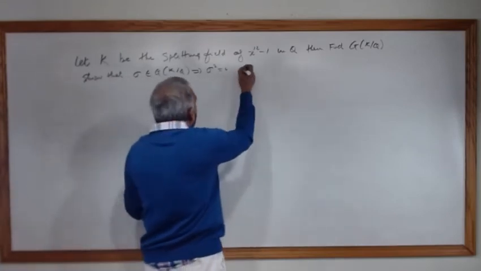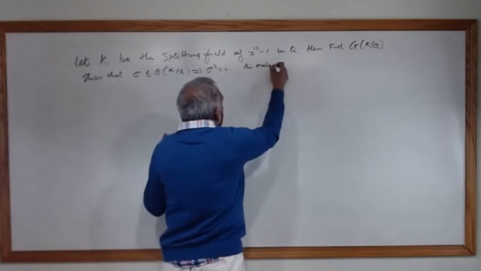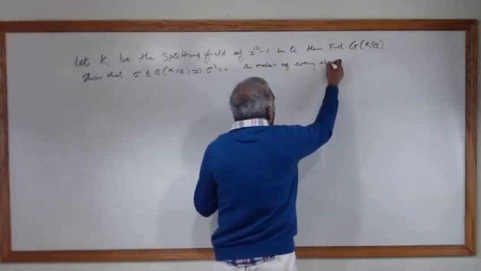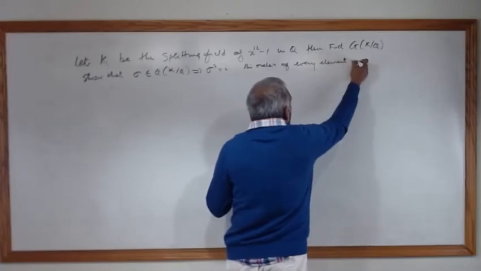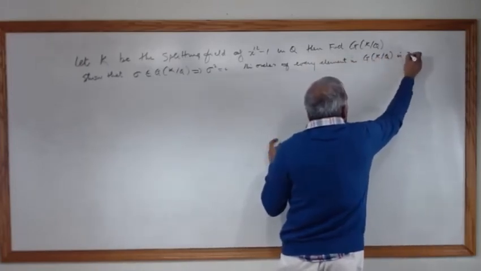Or you can say, show that the order of every element in G of K over Q is 2.